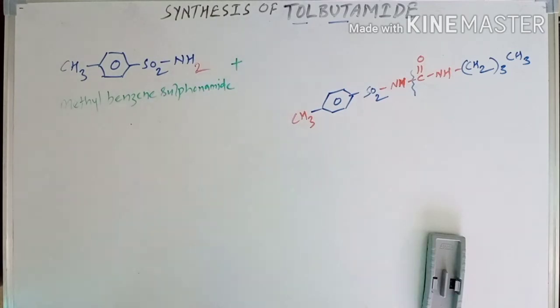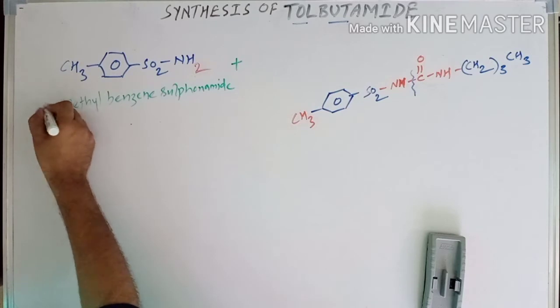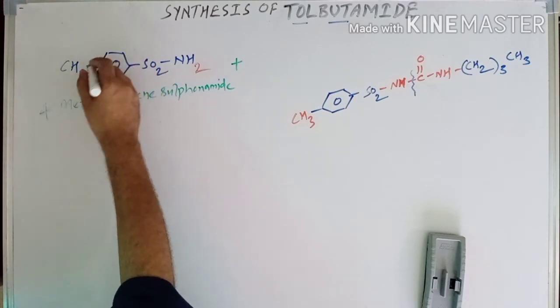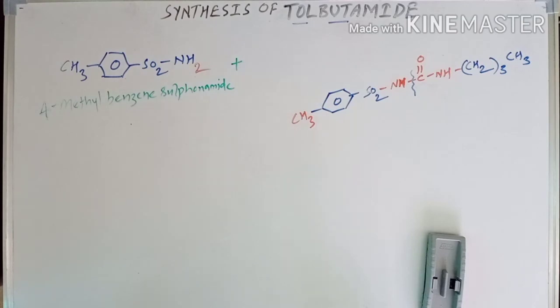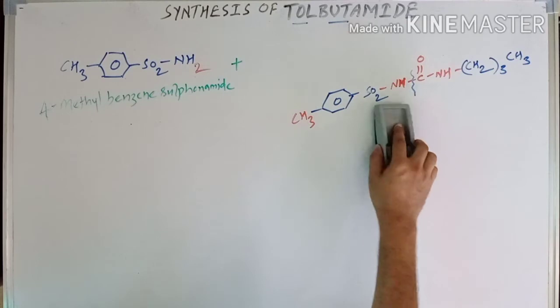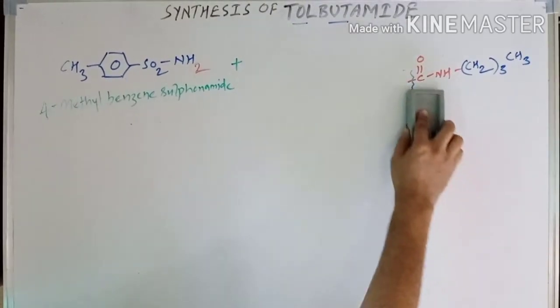The methyl group is present on the fourth position, 1, 2, 3 and 4. So 4-methylbenzenesulfonamide. Now the reagent equivalent to this structure is this, so we remove this structure.